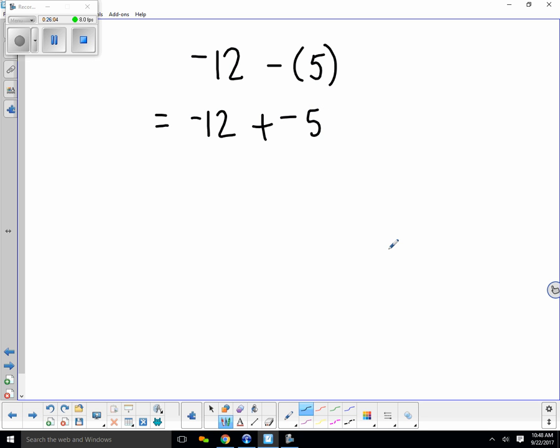That's why they put parentheses, okay? It's totally up to you. Now, Abby, are my signs alike or different? They're alike, so what am I going to do to the two numbers? Okay, so I'm going to add them. So I'm going to add 12 plus 5, which is 17. And I'm going to keep the sign, so that was negative 17.